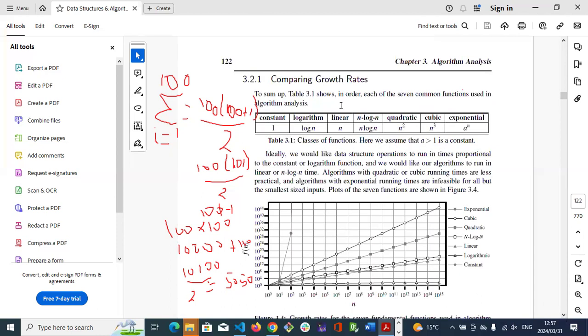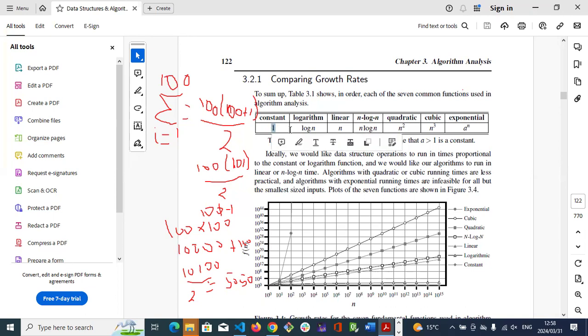Comparing the growth rates, Table 3.1 shows, in order, each of the 7 common functions used in algorithm analysis. We have the first one, which is constant.